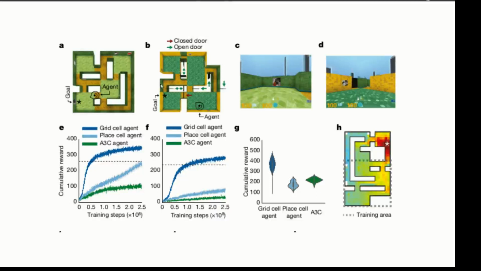And the second version of the experiment is one where there are doors that can open and close. During training time, some of the doors are always closed, and during test time, they're going to be open. And you see how this agent can perform well, because of the way that it can perform this vector-based navigation.